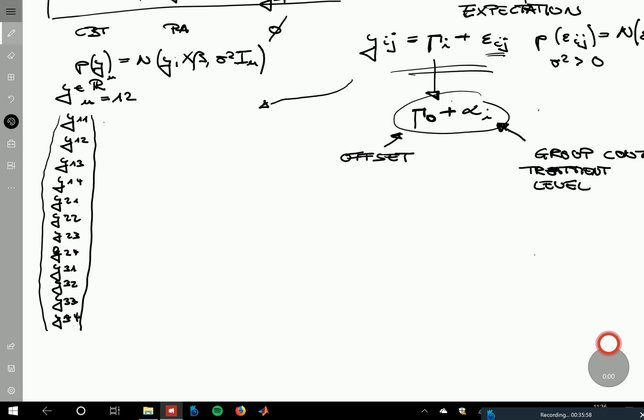So our n is 12. So we have a 12-dimensional vector. That doesn't mean much for the moment, but we have formulated our data vector.